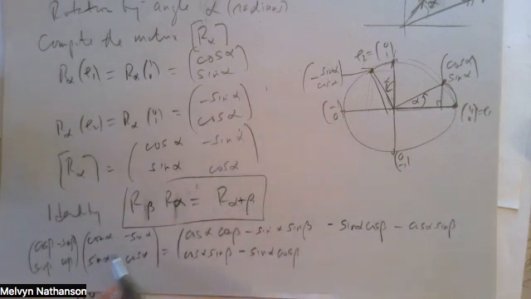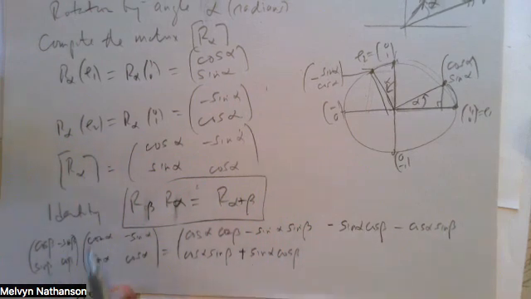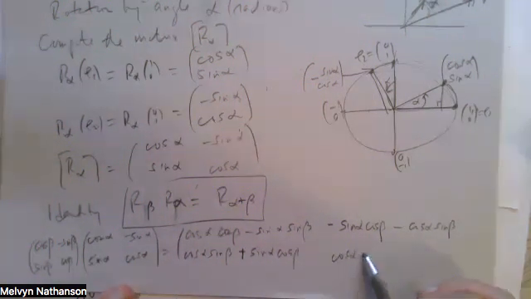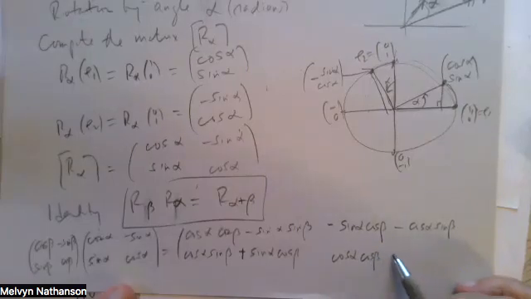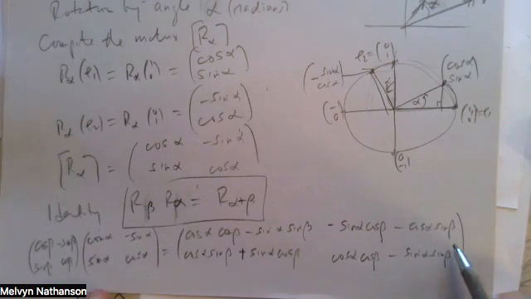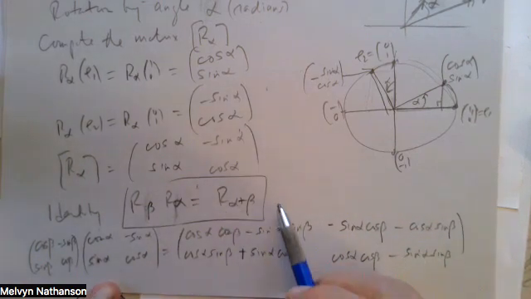And actually, this is a plus sign here, this plus this. And second row, second column is cosine alpha cosine beta minus sine alpha sine beta. But that's equal to R alpha plus beta.